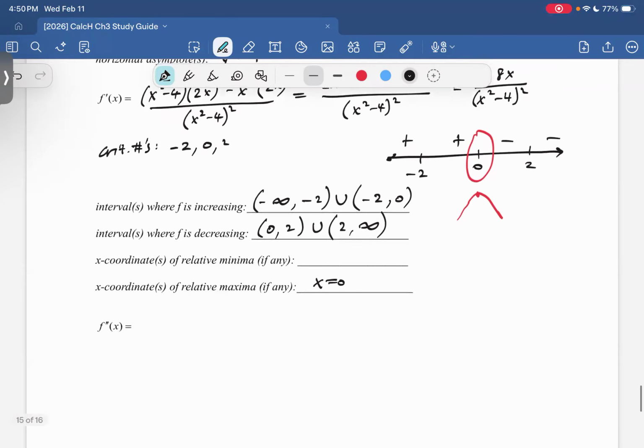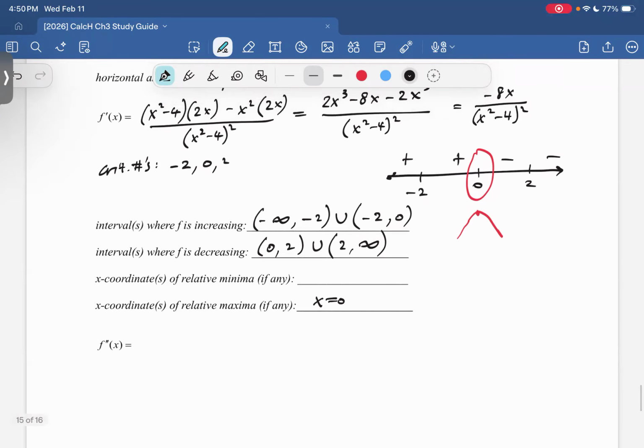Now, the second derivative. Oh, so close to being done. Second derivative, low d high minus high d low.